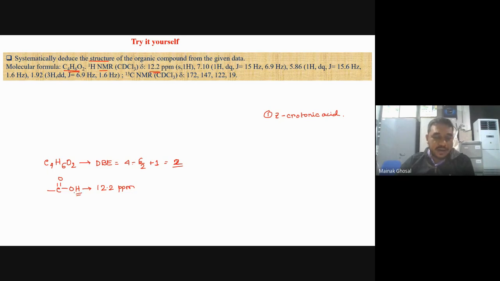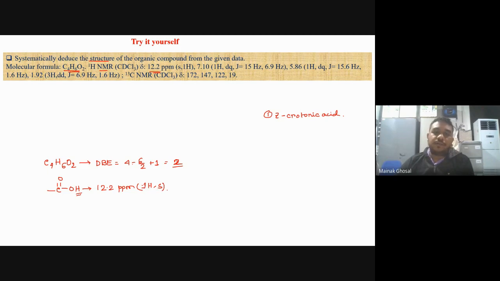So you can expect that this proton is coupled to no further proton, so it will give you a singlet. And since there are two oxygen atoms here, it will be very much deshielded. So it will give your 12.2 ppm, which is one hydrogen singlet.